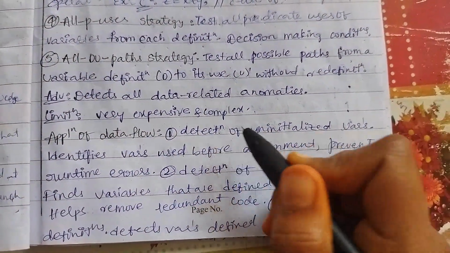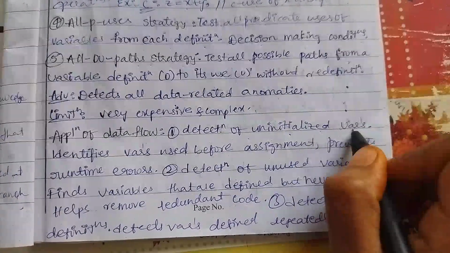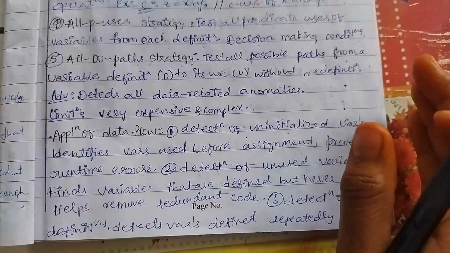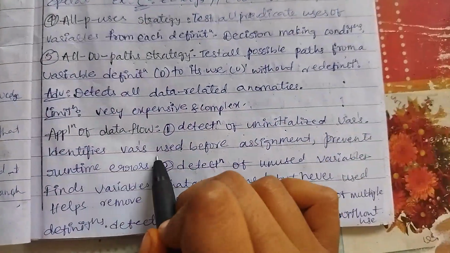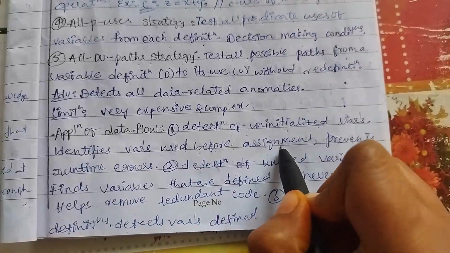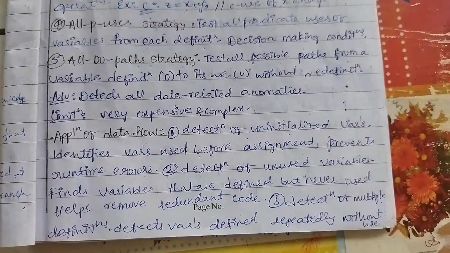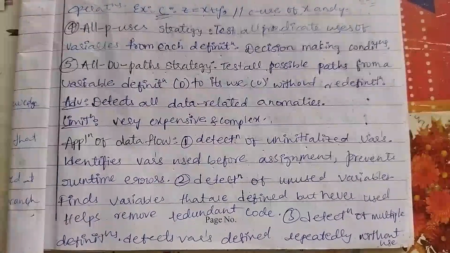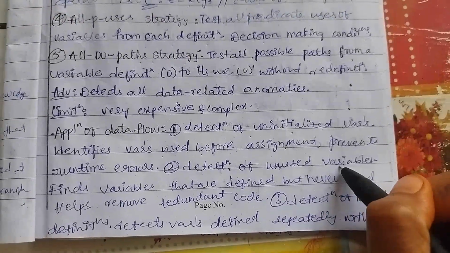Application of data flow. First we need detection of uninitialized variables. First we need to check whether the variables are all initialized or not. If not, we need to identify variables used before assignment, and prevent runtime errors. The second step is detection of unused variables.